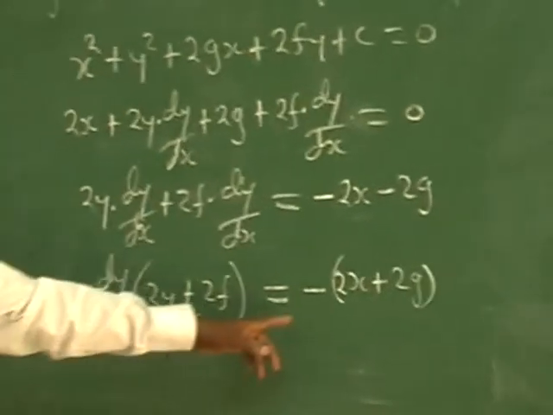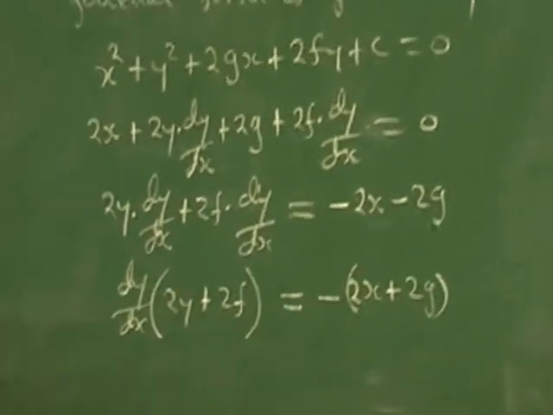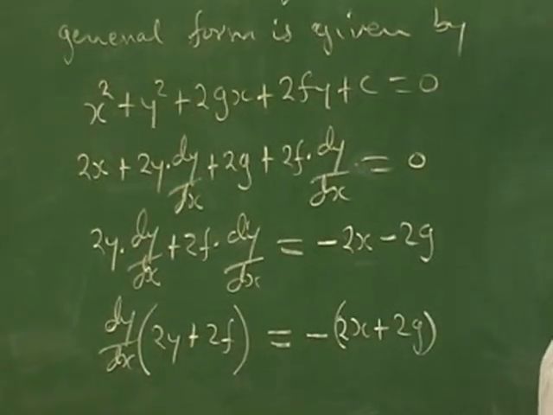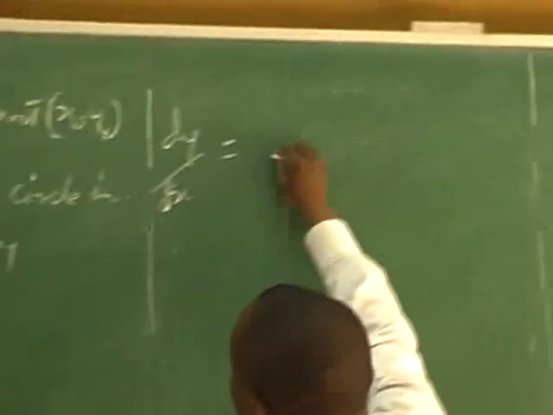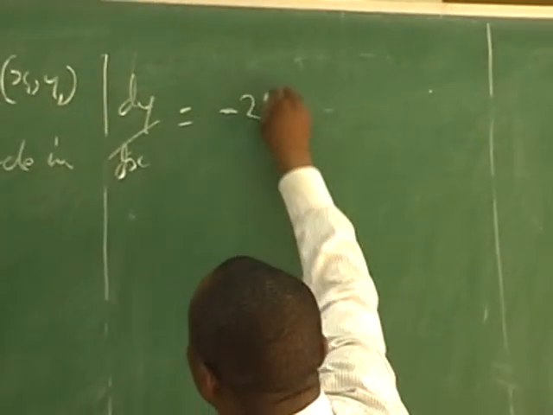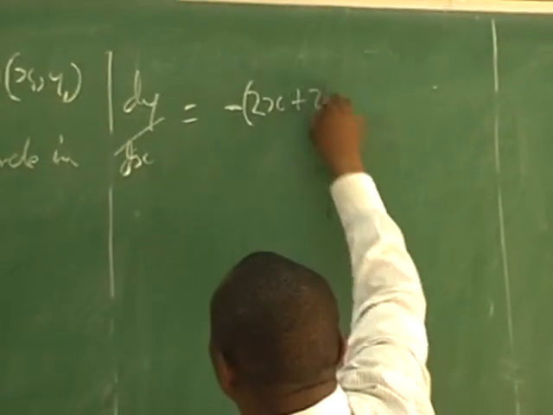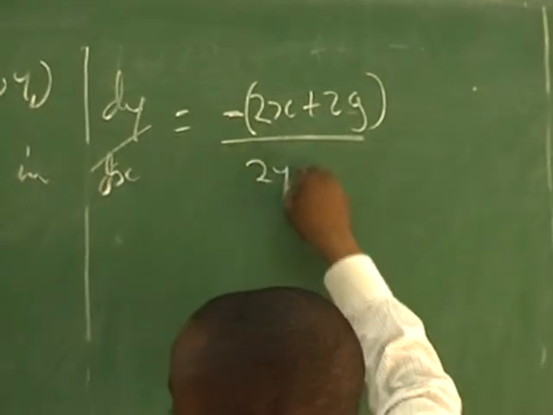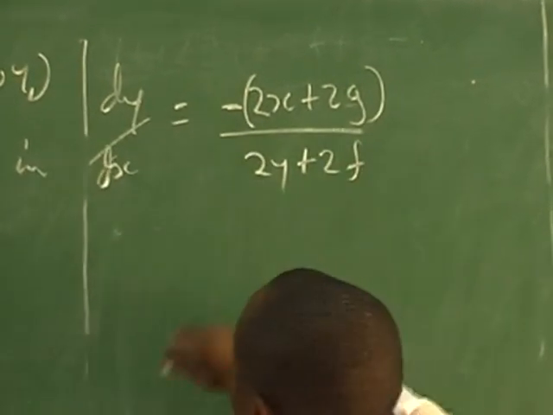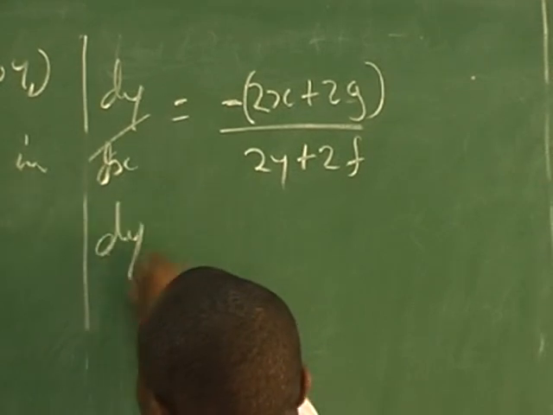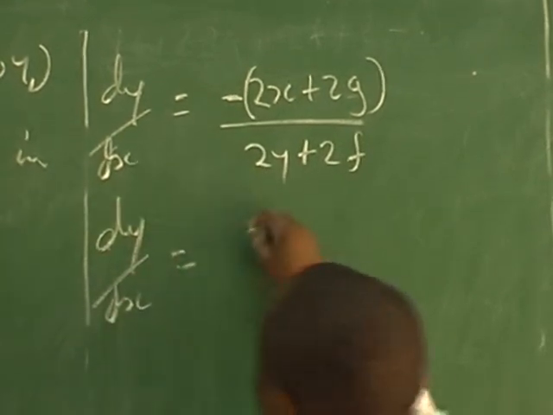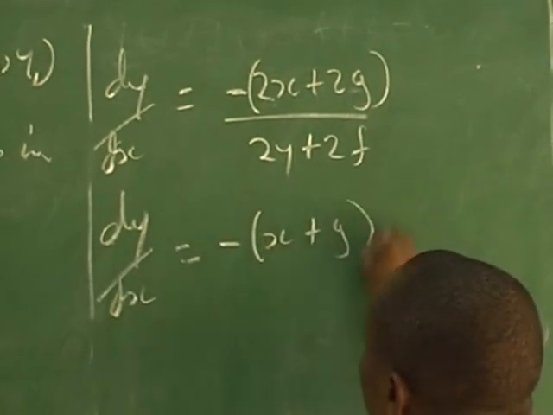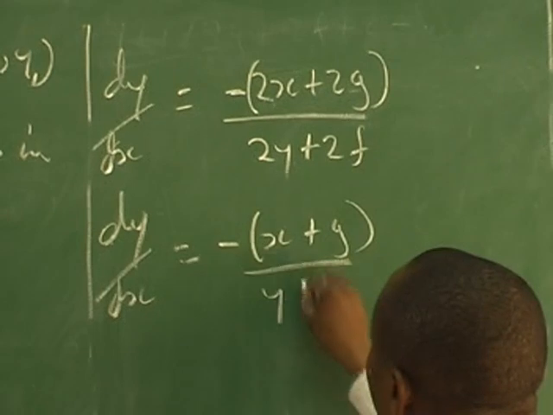So dy/dx will be equal to minus (2x plus 2g) all over (2y plus 2f). Of course, if you simplify, the 2 cancels, and dy/dx is equal to minus (x plus g) all over (y plus f).